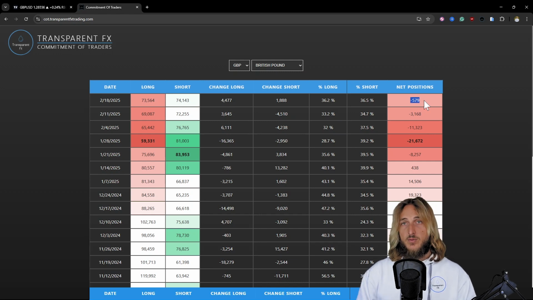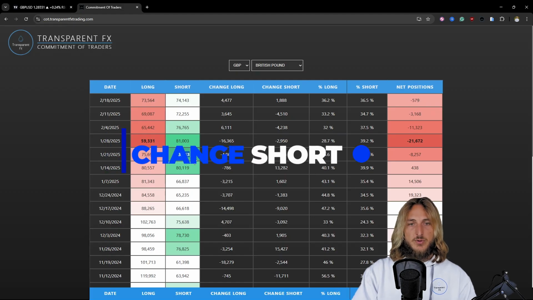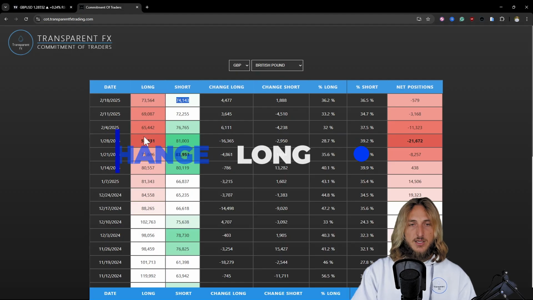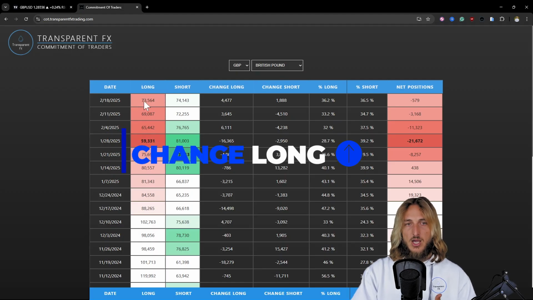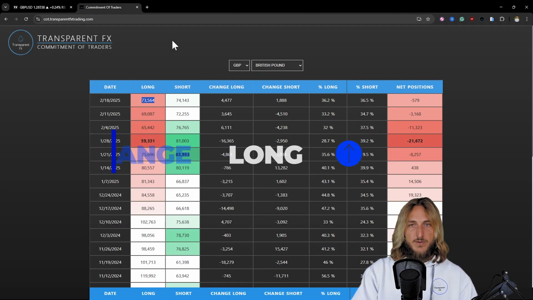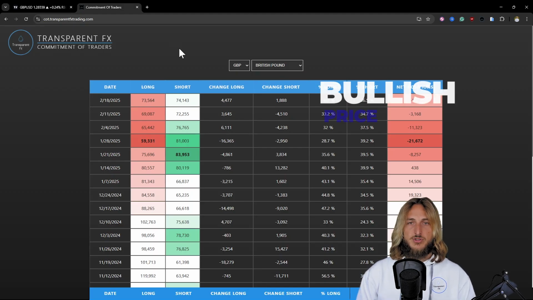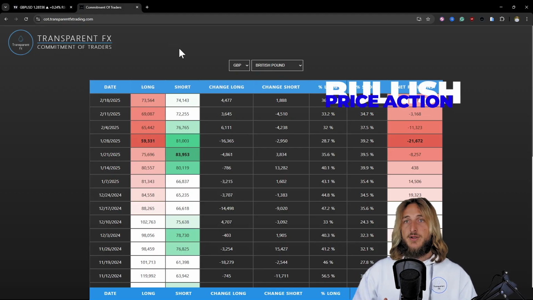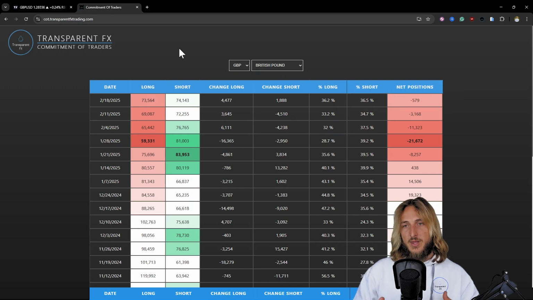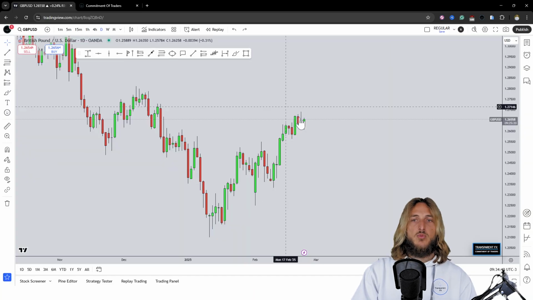So clearly we have seen a strong increase of the net positioning, making the GBP stronger, therefore making GBPUSD stronger, with institutions decreasing their shorts from 83.9k to 74.1k and longs getting increased from 59.3k all the way up to 73.5k. So clearly institutions have been moving back to the bullish side for GBPUSD, therefore making it stronger. So let's keep all of this in mind and move back to the chart.